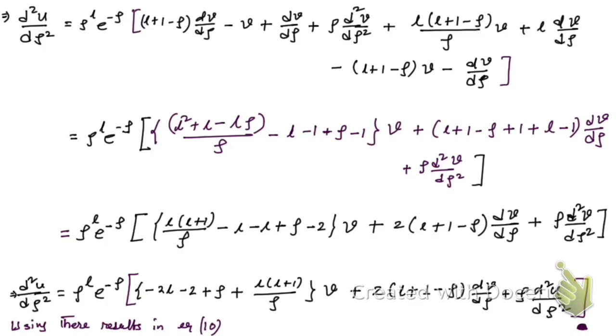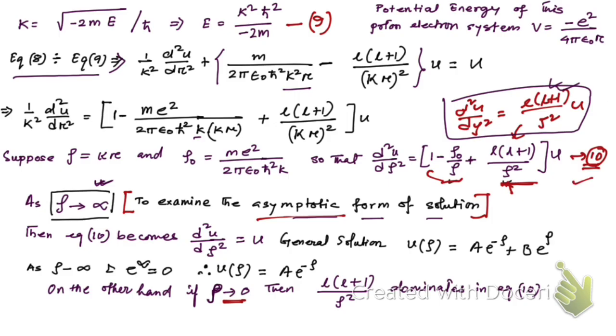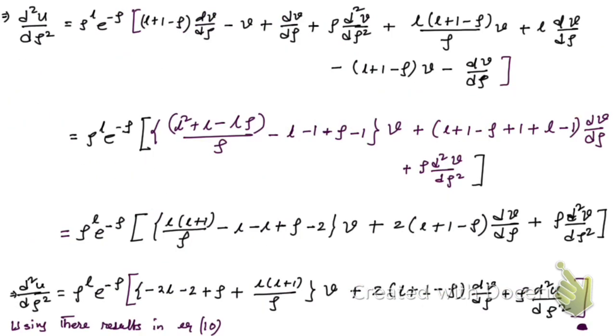Now using this result that we have got in equation number 10, where is the equation number 10? Let me go back to the previous slide. This is equation number 10. If we use this instead of this, if we use this result here, you see that's what we have got in equation number 10. Then what we're gonna get? Now let me go to the next slide.